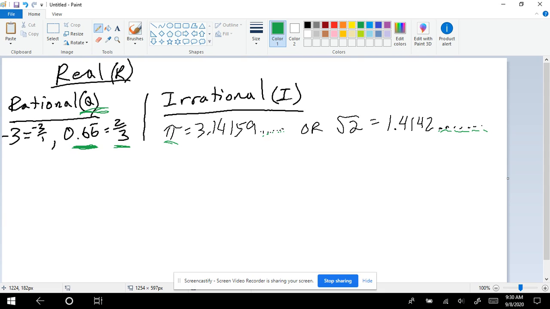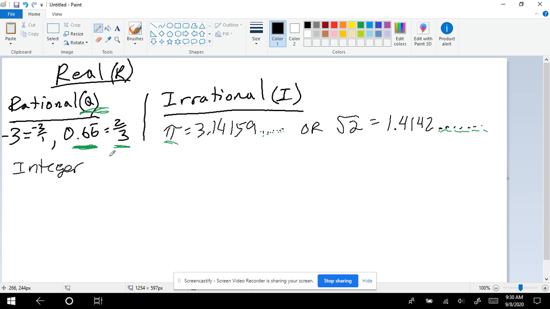And so rational numbers keep on going, and if it's real and it's rational, then a rational number can also be an integer.